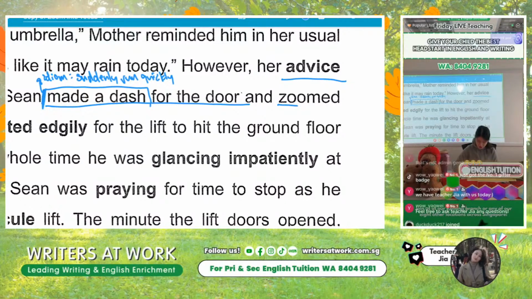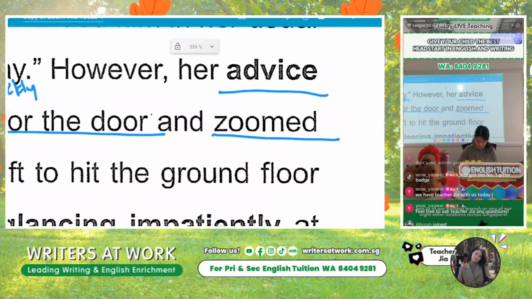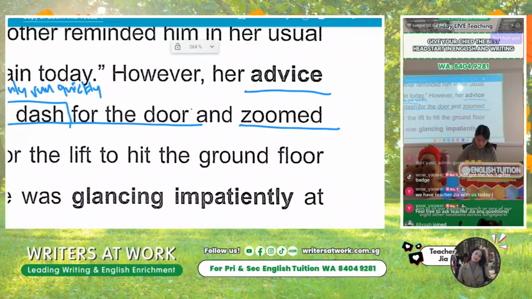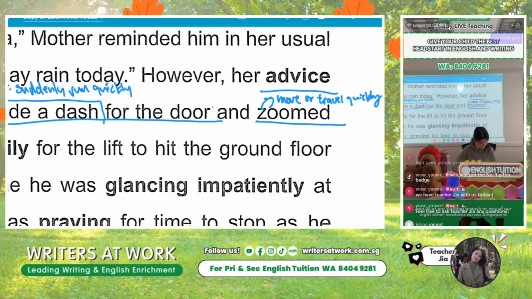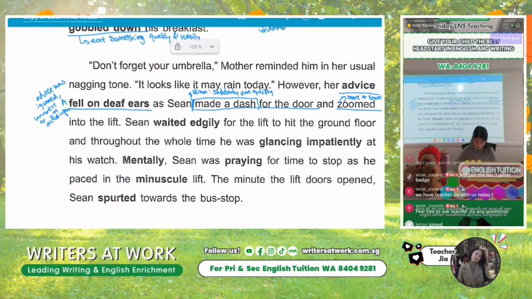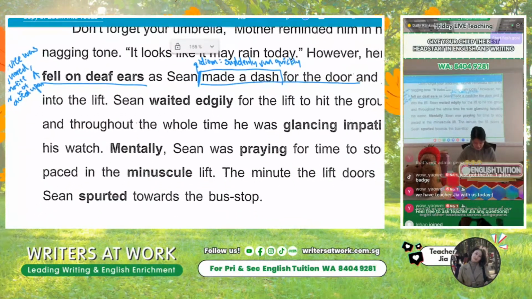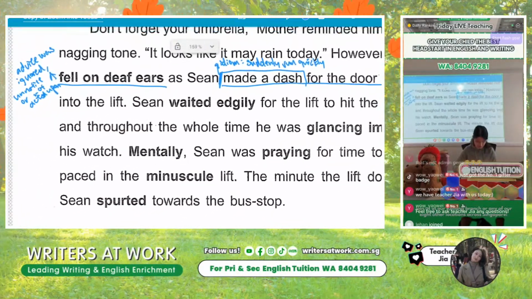Again, like the word shot, the word actually adds to the story. It shows the nature of the way Sean ran, essentially. So it means to move or travel quickly as well. You could say the car zoomed past, the bus zoomed past, Sean zoomed past, he zoomed into the lift in this case.